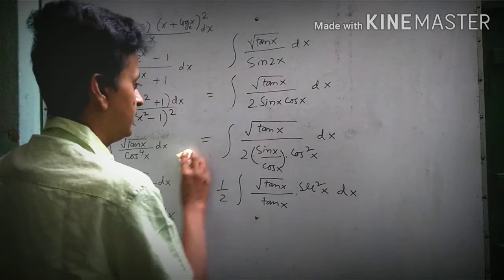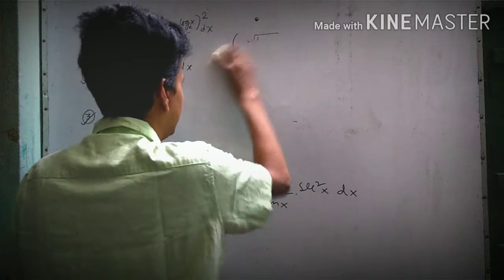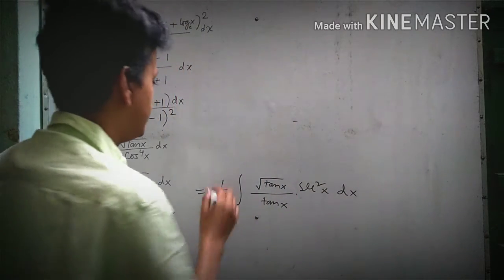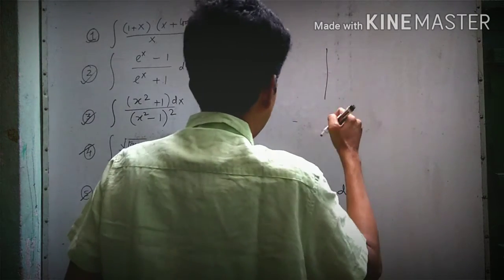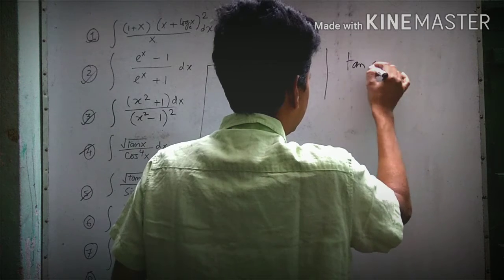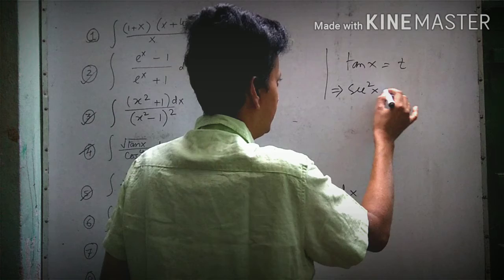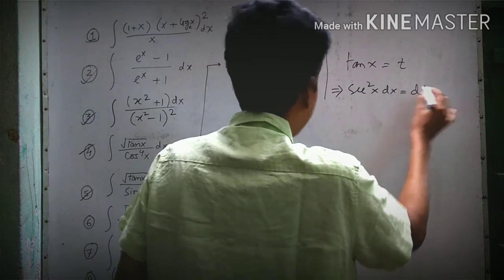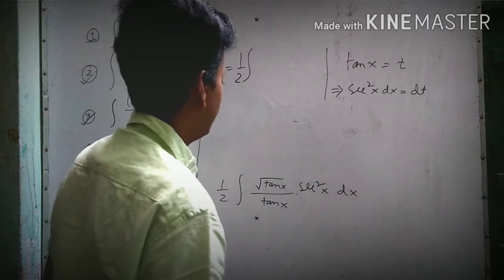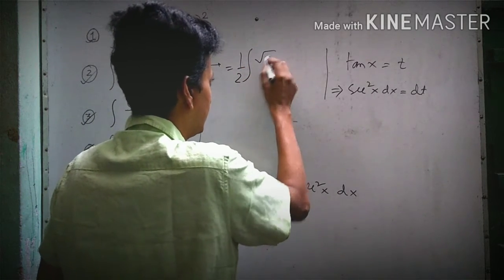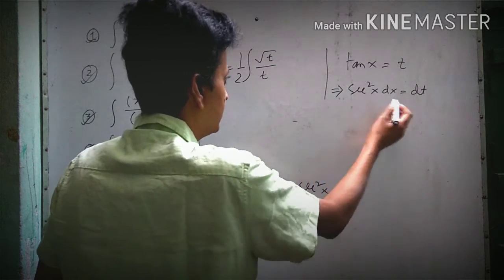So we come to the next part of this problem. Here, first we assume tan x as t. So we get sec square x dx equal to dt. So we can write this problem as half of root t by t and sec square x dx, that is dt.